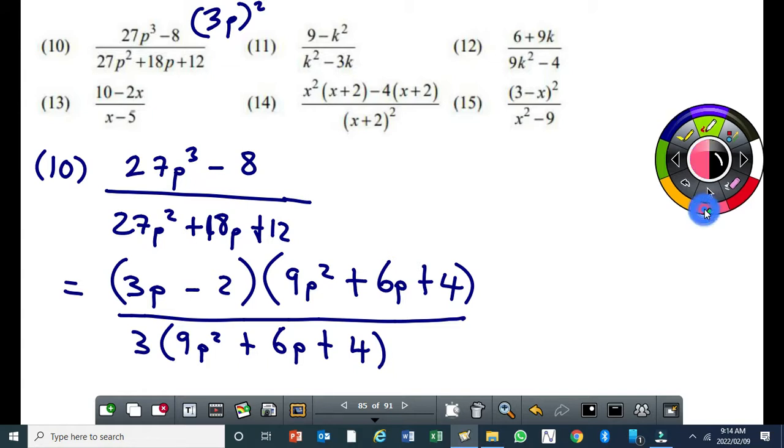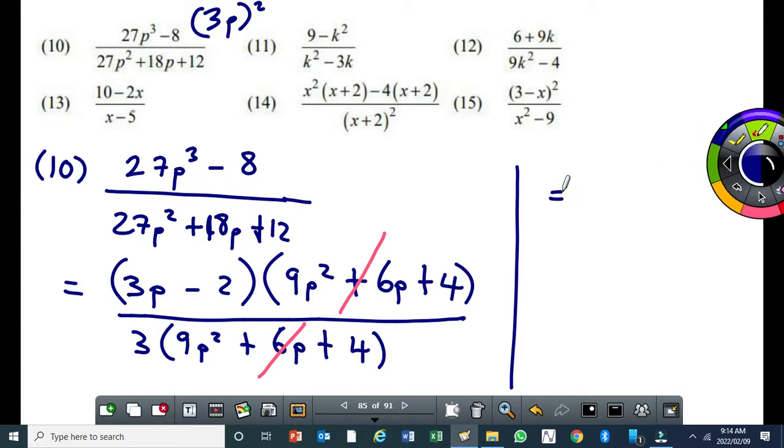Then, since we have division, this trinomial and that trinomial can cancel out. Please, they only cancel out if one is part of a numerator and the other one is part of the denominator. Okay? That's when you cancel out. So eventually, the answer is 3p minus 2 over 3. That will be the answer. So, the final answer will be 3p minus 2 all over 3. This is the final answer.